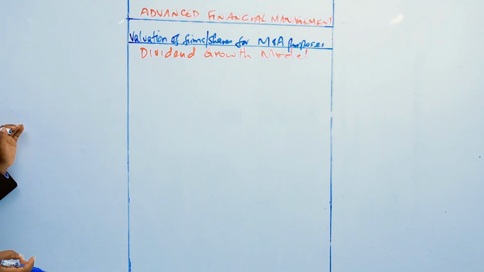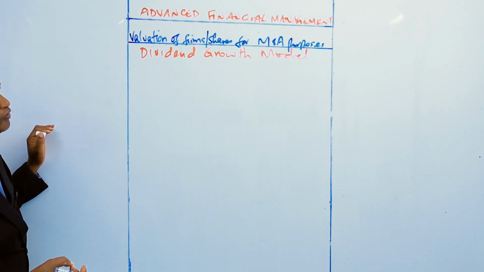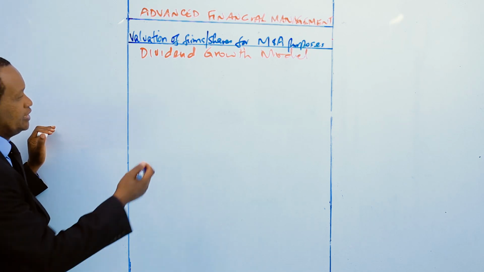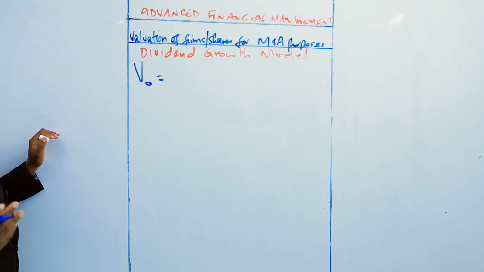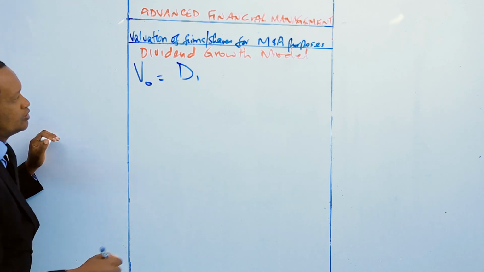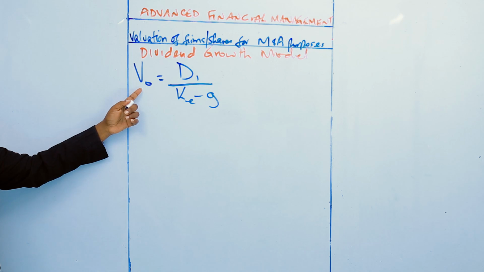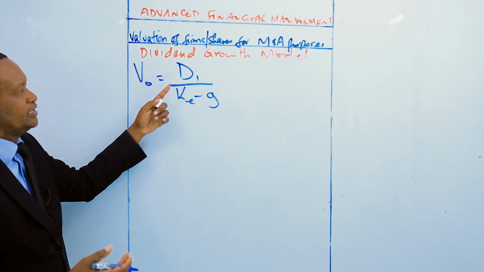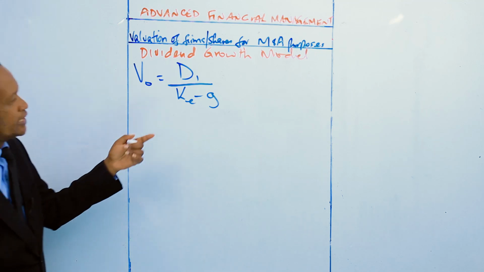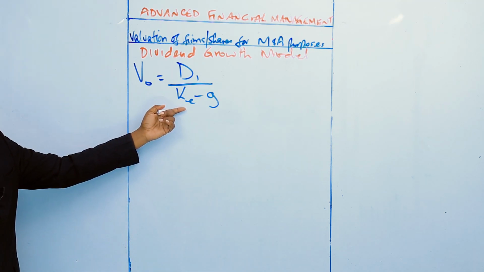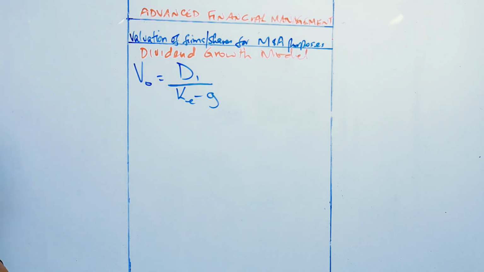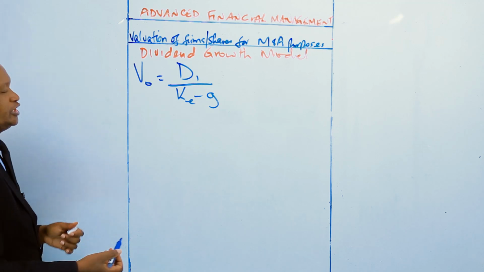The formula for calculating the value of a share or a company is V0 = D1 / (KE - G), where V0 is the current value of a stock or a company, D1 is the expected dividend per share, KE is the cost of equity, which is the required rate of return by equity holders, and G is the constant growth rate of dividends.